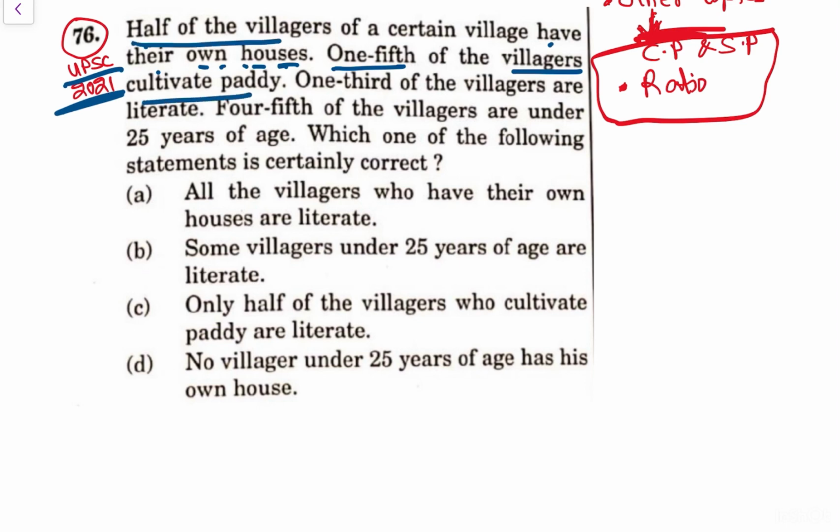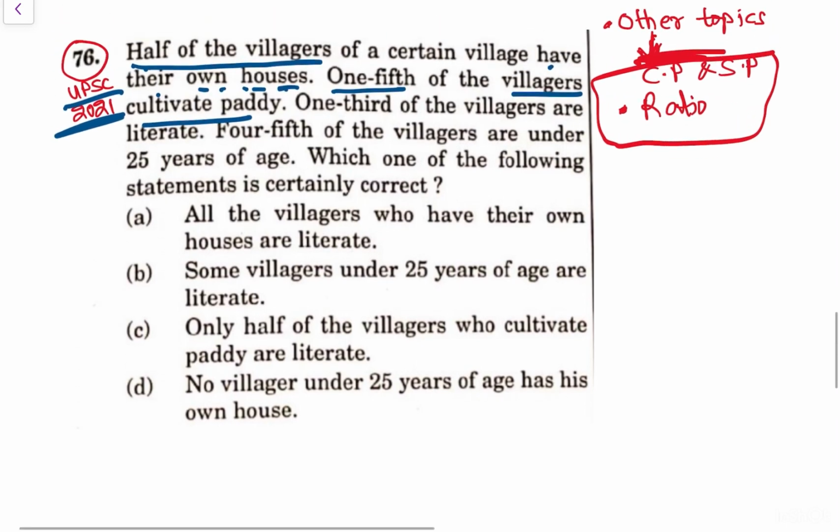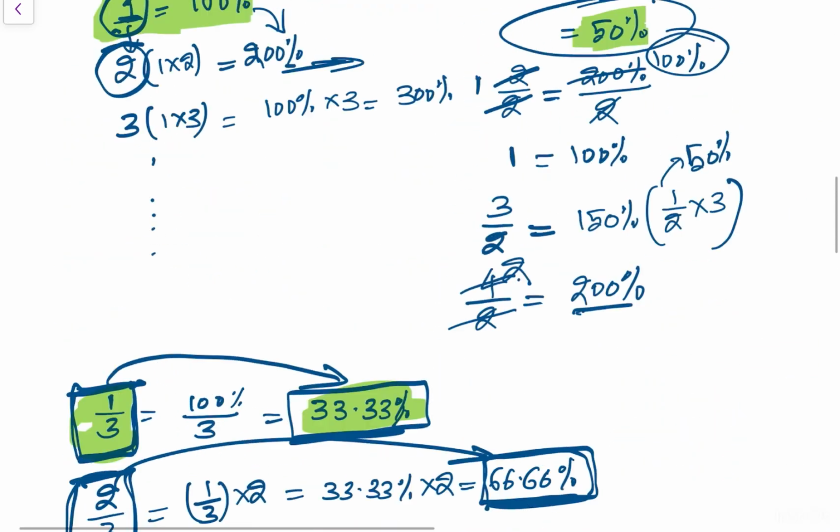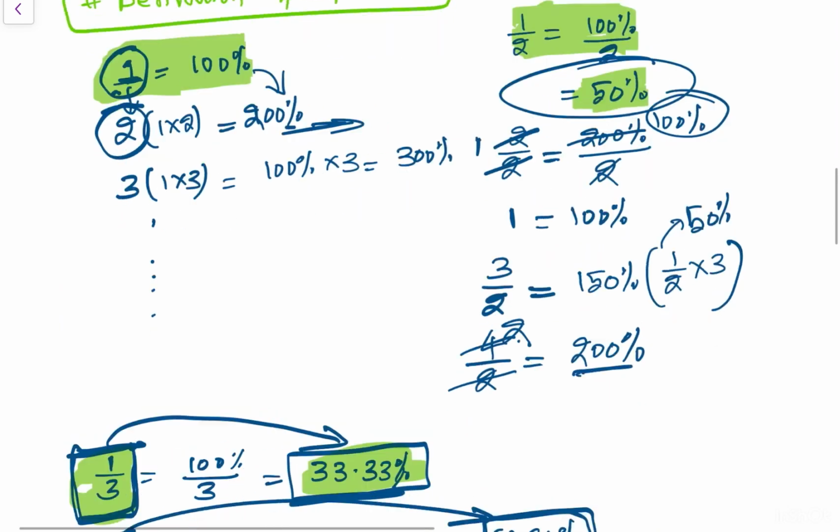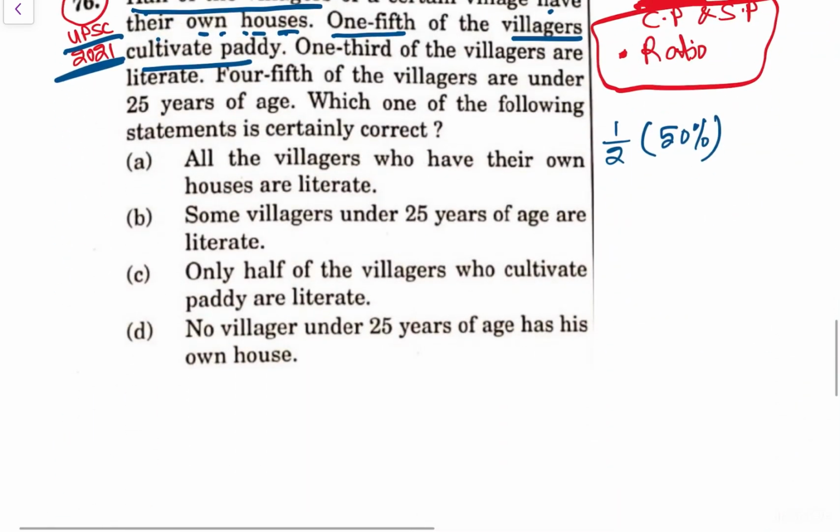So half is 1 by 2, which can be written as 50%, right? So 50% have their own houses.